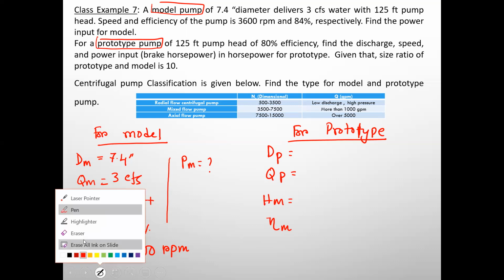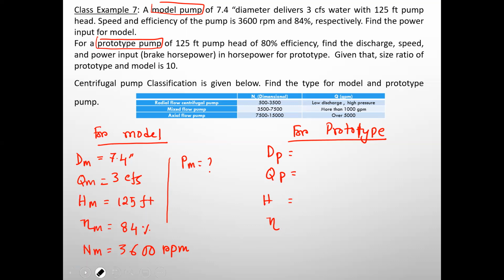Oops, that should be P. DP. So let's see if we know any of these. We know the prototype pump head of 125 feet, so this one is still 125 feet. We know the efficiency, which is 80%. We need to find discharge, speed and the power input.